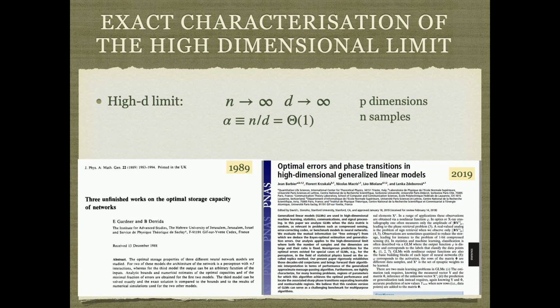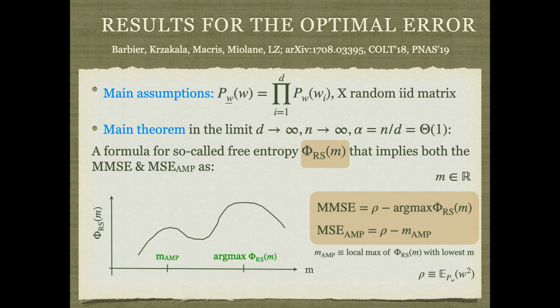And here I just give 2 papers. One is from '89, where this line of work was started in the context of neural networks. And this is one of our group from a few years back, where we rigorously settled this theory, that it actually works and it's actually correct and rigorous. So in this limit, when we have large dimension and large number of samples, but proportionally so, we know how to say essentially everything about this toy model.